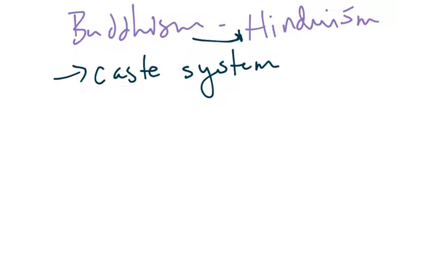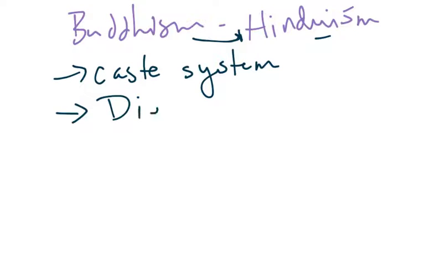It abolishes it. It says, everyone can gain enlightenment. There is no caste system. Promotes equality. One of the things that this does, which is important, is that Buddhism then appeals to the lower castes of Hinduism. There are many more Shudra converts than there are Brahmin converts.